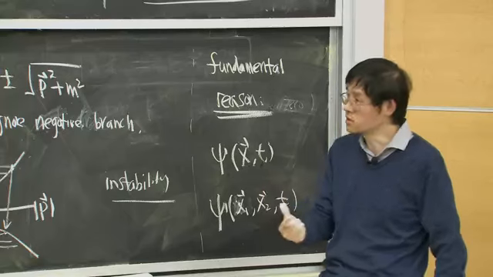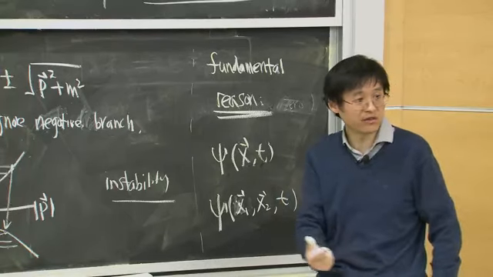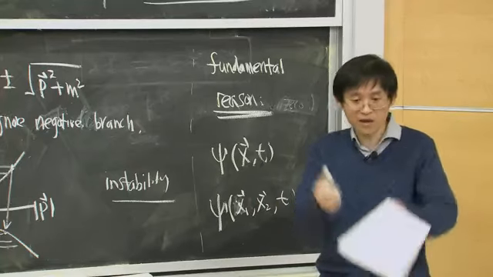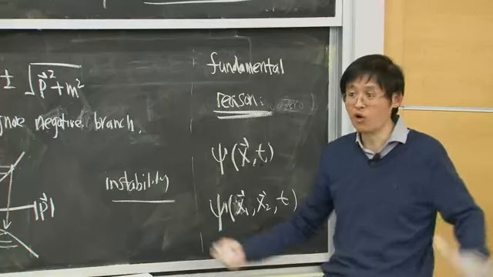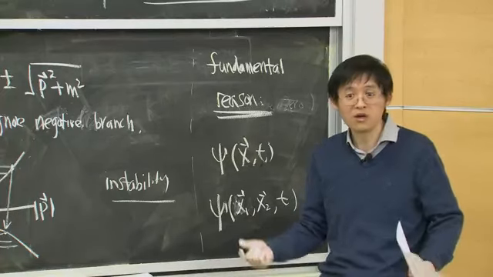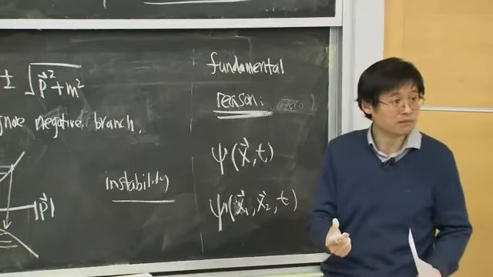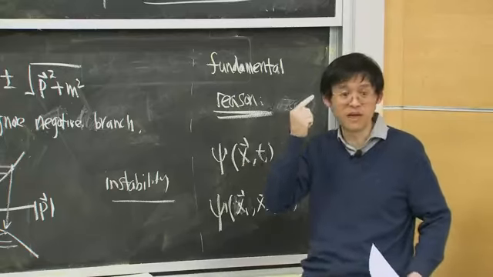But in a relativistic system, you can always create particles. If you have enough energy, you can create new particles, pair create electrons, which happens in accelerators all the time. Electrons can annihilate into photons. So the particles are not conserved. So this kind of wave function concept doesn't even make sense.